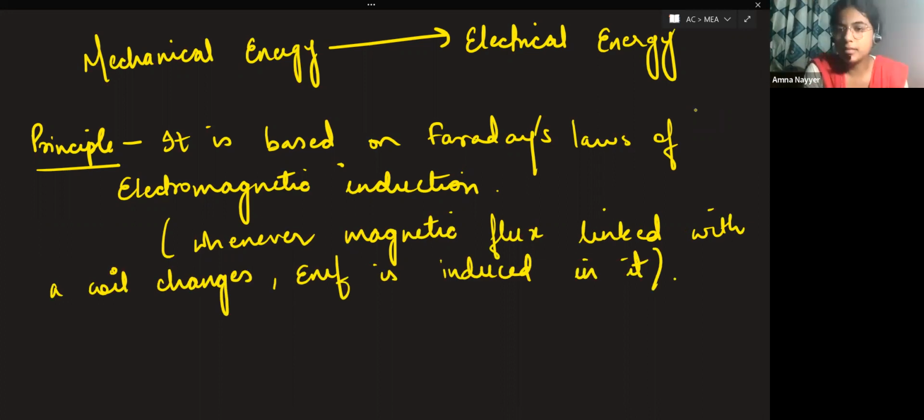But what's the difference? How will the magnetic flux linked with the coil be changed?